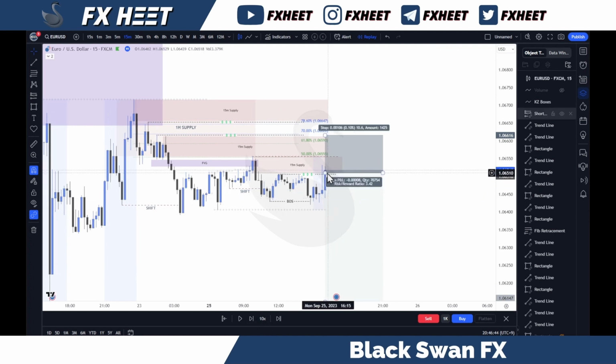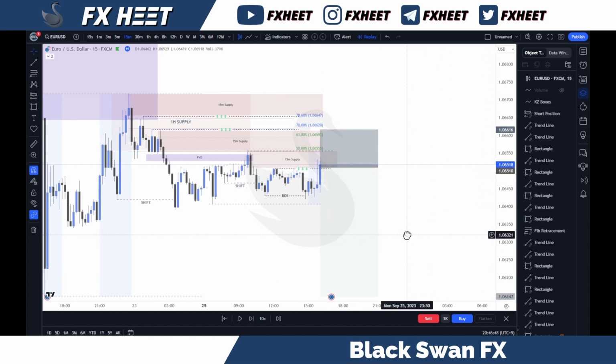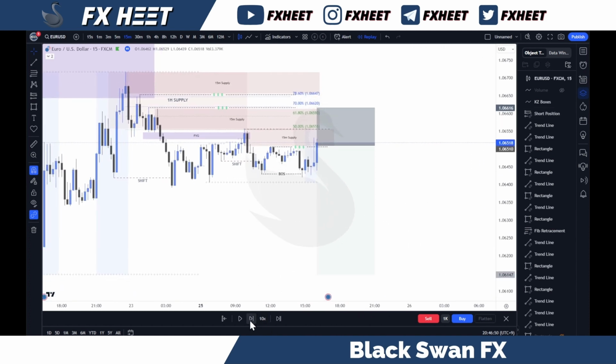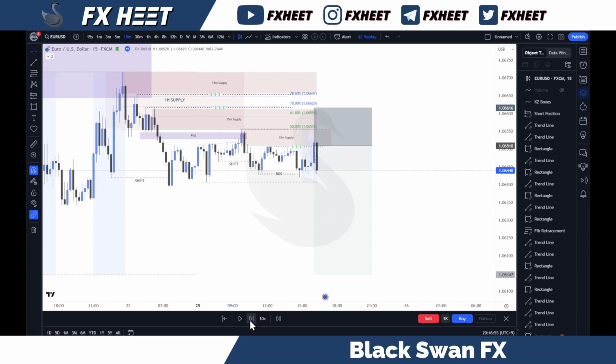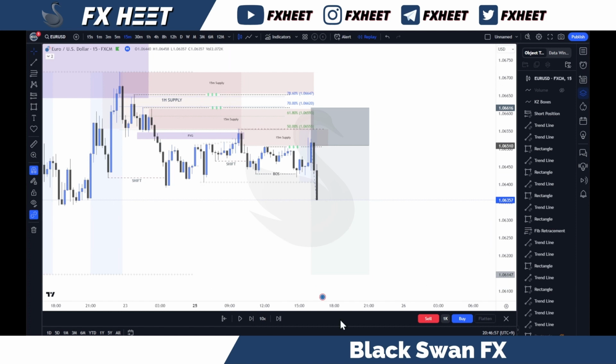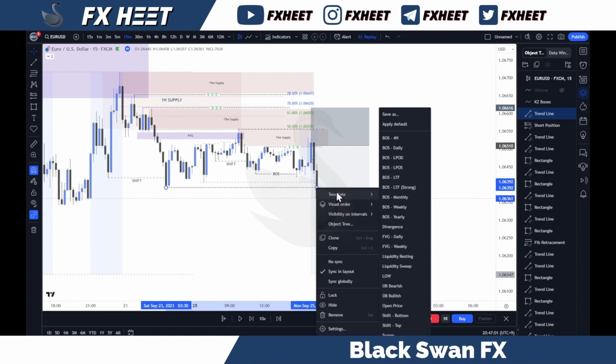We did get a retest. Tapped into it. It's starting to come up. Let's see if it pushes higher or if it goes down as we're expecting. Okay, it's coming down. That's broke the low, broke the entire range with a lot of velocity, by the way.